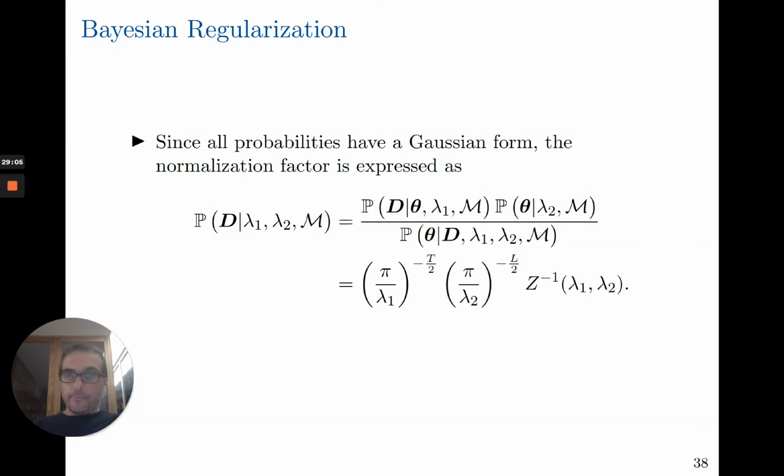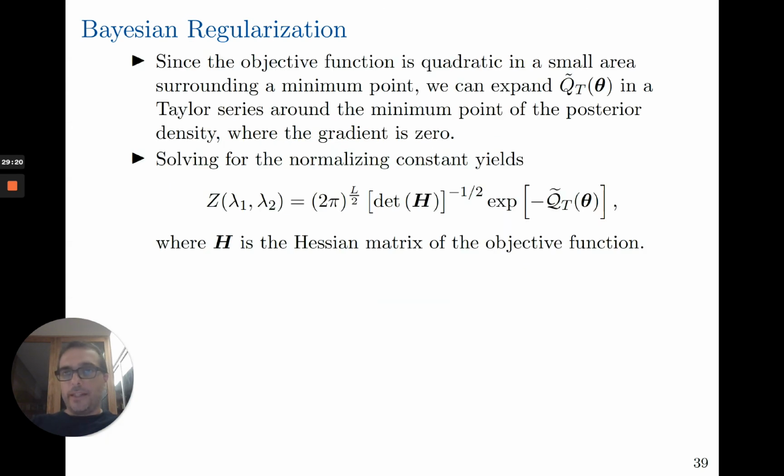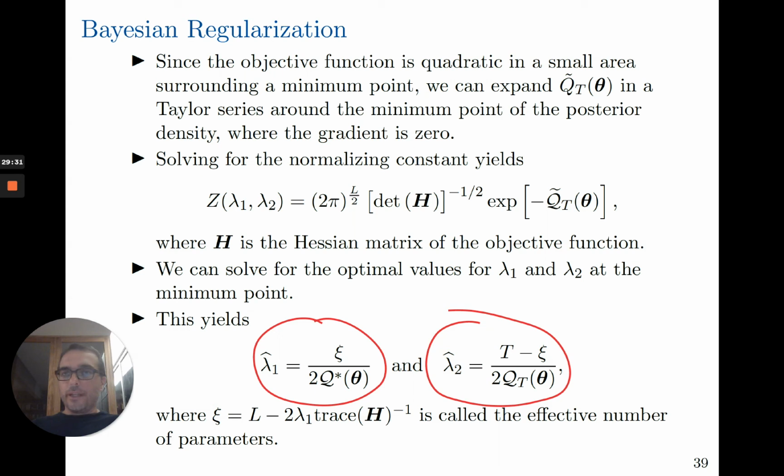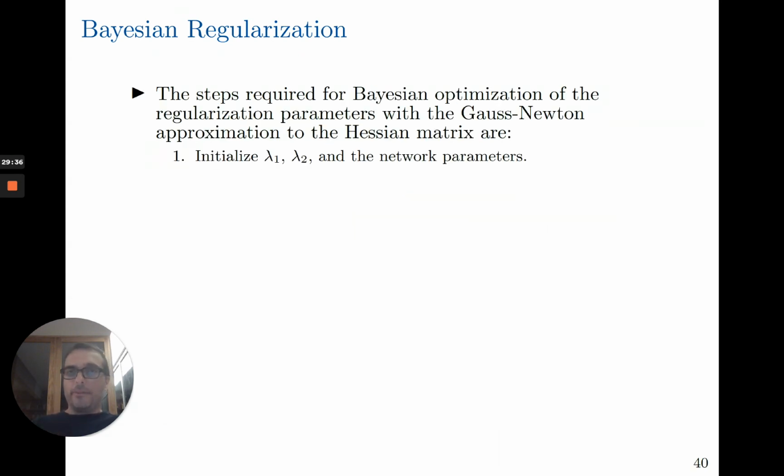After some computation, we put everything together, and we get the probability of the data given the regularization parameters and the model, this expression that you see on the slides. Basically, what we can see is that we have an expression for the regularization terms, and we can conduct the optimization in steps.